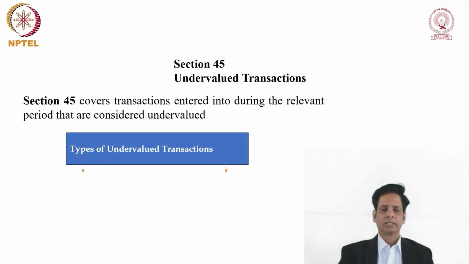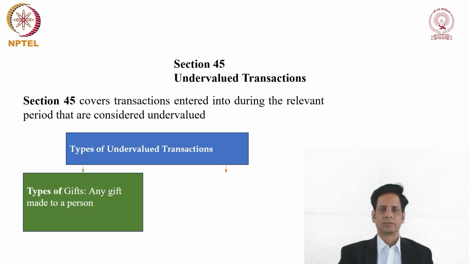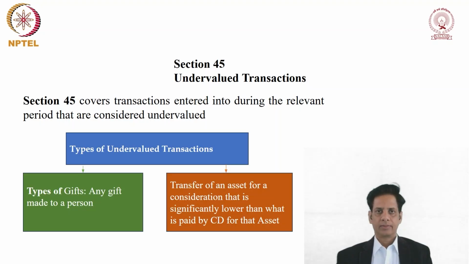So, what are the types of undervalued transactions? Number one, if during a certain period before the commencement of the CIRP, there are certain transactions entered into by the CD, which are given in the green and orange boxes, then such a transaction can be called an undervalued transaction, and this can be treated as an avoidable transaction.